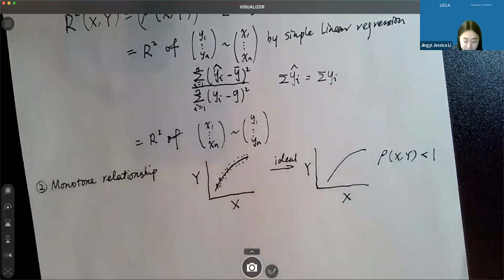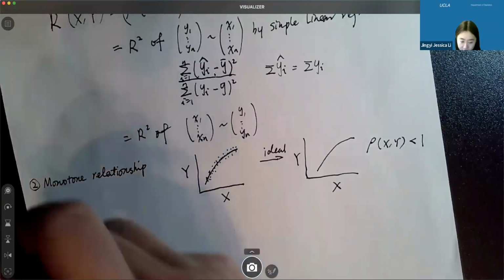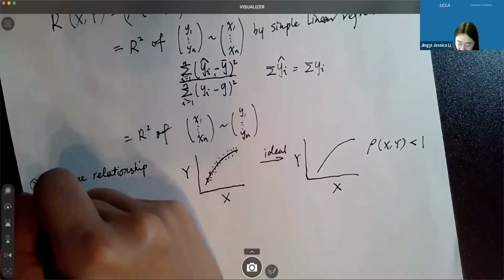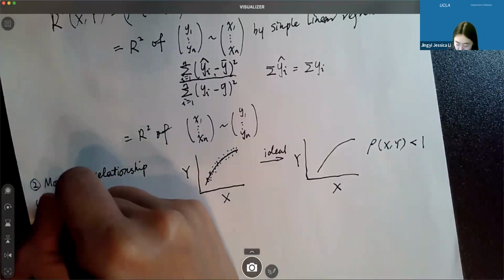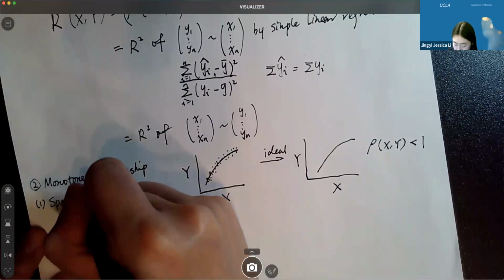So motivated by this, how do we capture such monotone relationships? There are two popular correlations for this purpose. The first one is called the Spearman rank correlation, which a lot of people use.